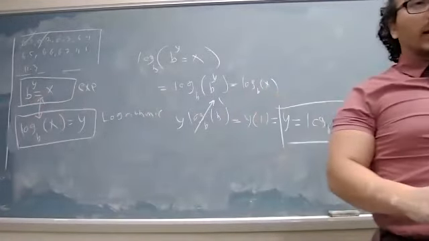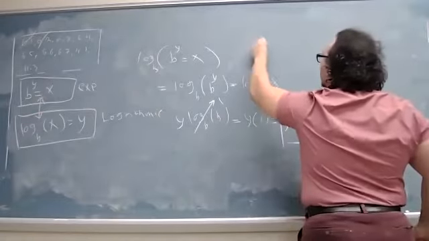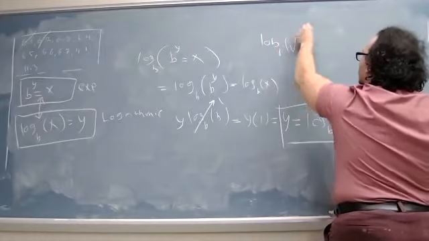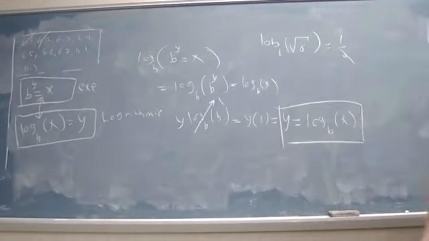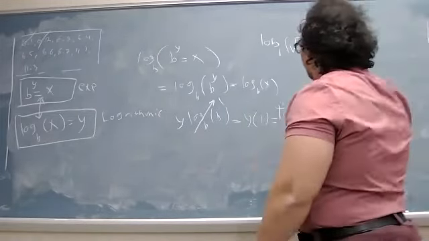Now let's do this via some concrete examples. What about log base 6 of the square root of 6 is equal to 1/2? Let's convert this logarithmic expression to an exponential expression.